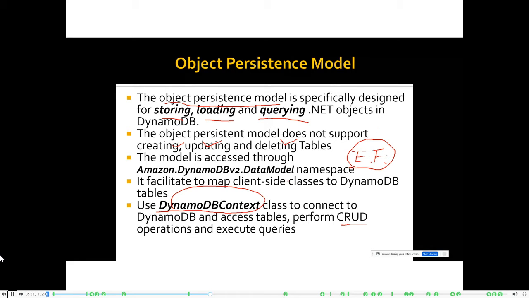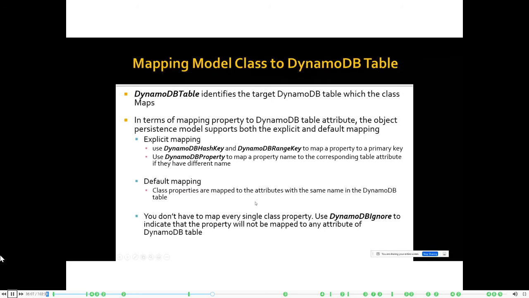Unfortunately, in terms of a DynamoDB table, we have to manually create the data model, which maps the DynamoDB table structure. Again, as we mentioned, this is fundamentally based on the DynamoDBContext, okay?